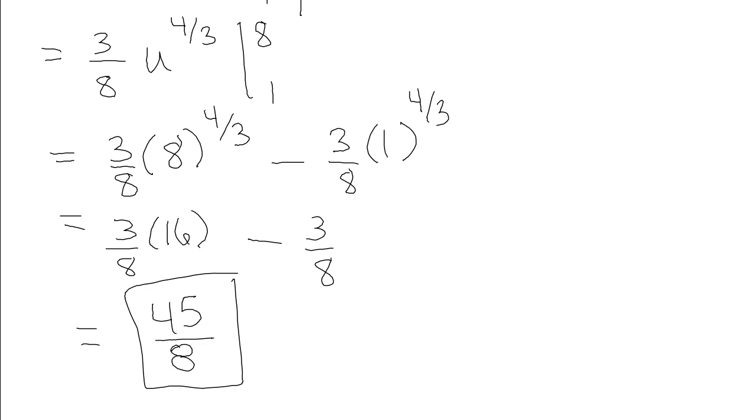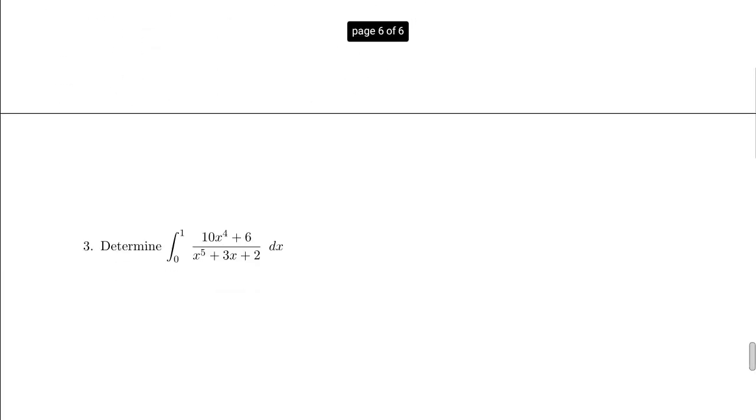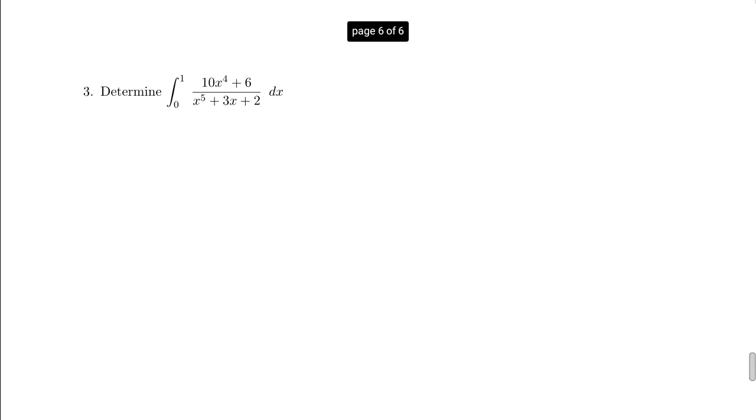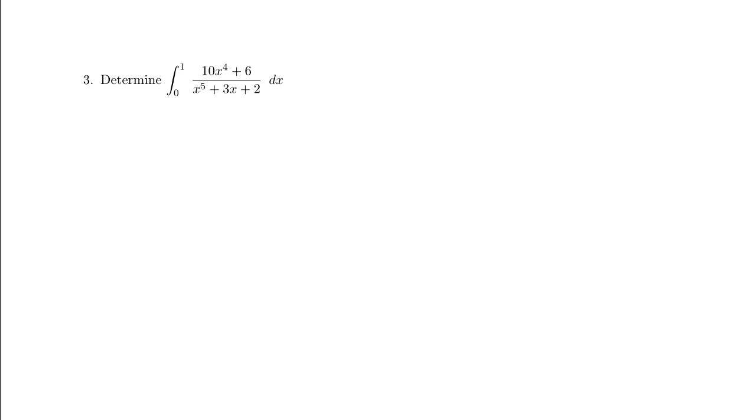Okay, one more example to go, and it's another definite integral. So we want to find the integral from 0 to 1 of this complicated looking function here. So we have 10x to the 4 plus 6 divided by x to the 5 plus 3x plus 2. So if I were to try to choose my u at the beginning, I would say that the denominator looks slightly more complicated.